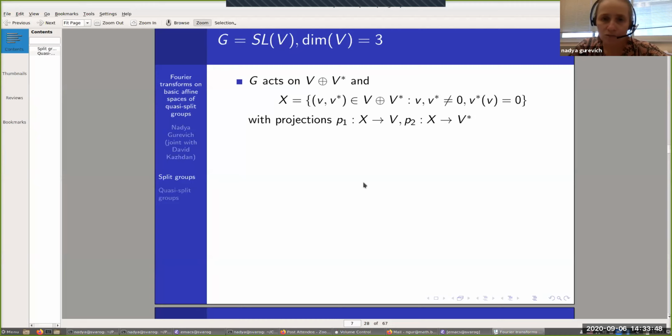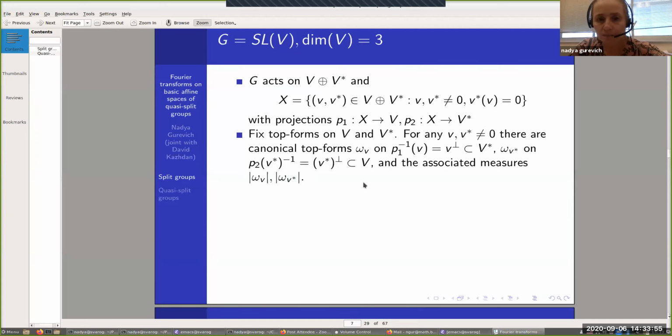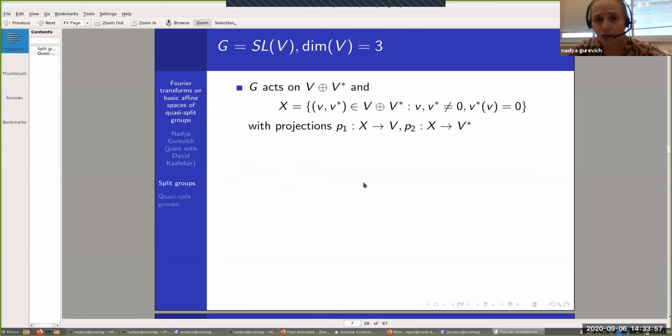Okay, so this set has two natural projections, to V and V star. Note that X is 5-dimensional, right? It is a subset in a 6-dimensional space subject to the linear relation V star of V is 0.